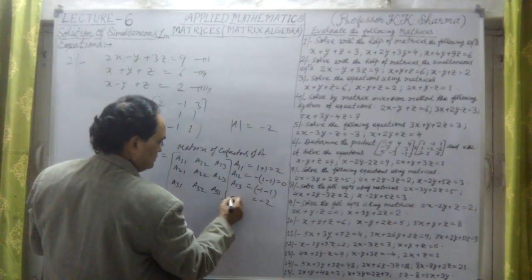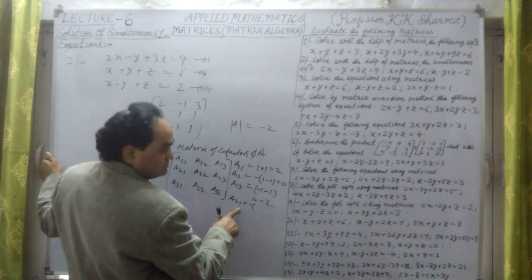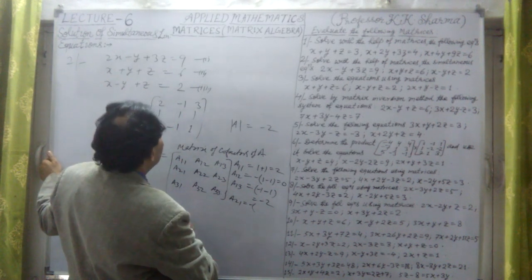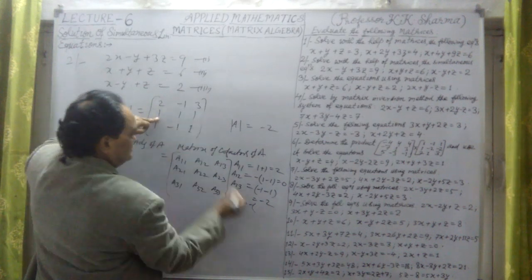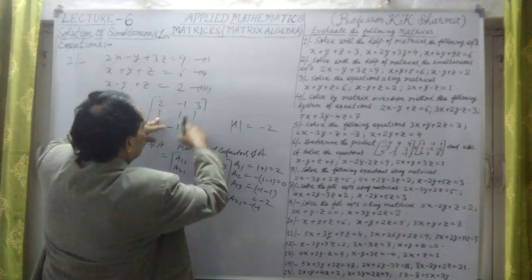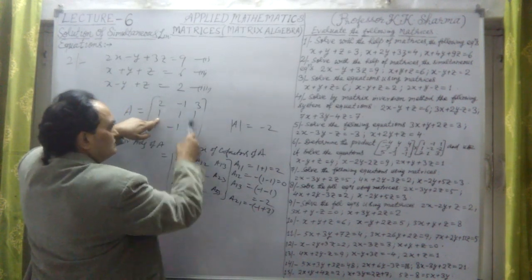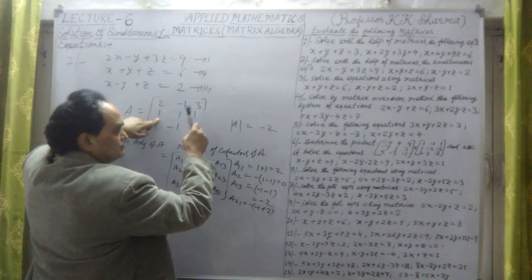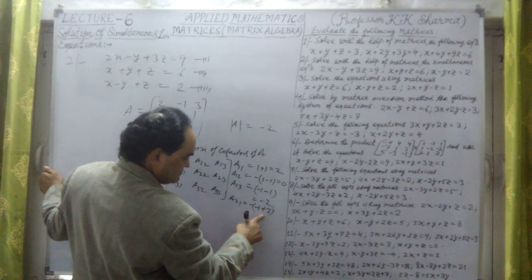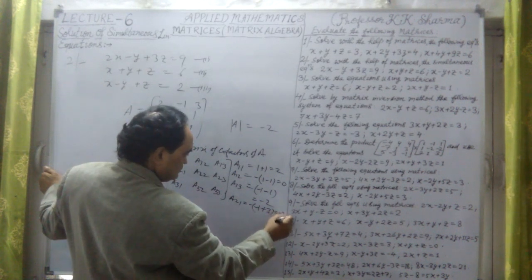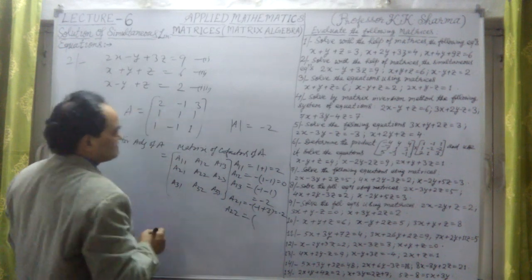Then A21, which is again negative, because 2 plus 1 is 3, an odd number. For this 1, it is minus 1 and plus 3. Why? Because 1 into minus 1 is minus 1, minus 1 into 3 is minus 3, but we keep the minus sign in between. It is plus 2 difference, the minus sign makes it minus 1. A22 is positive.